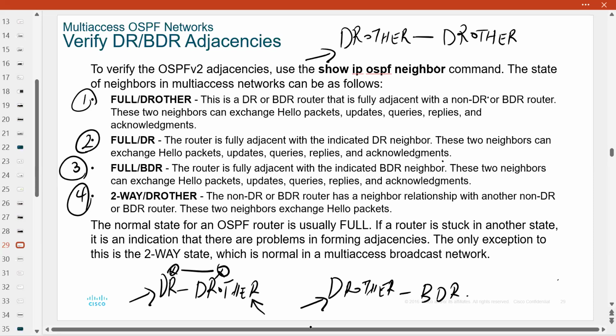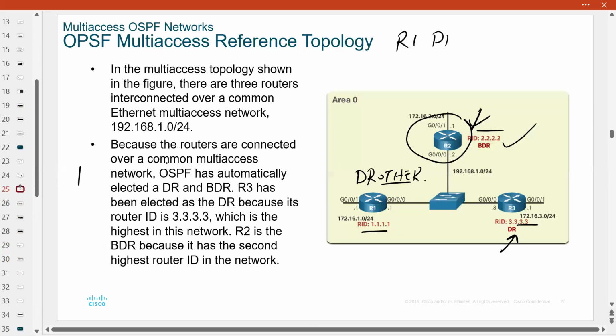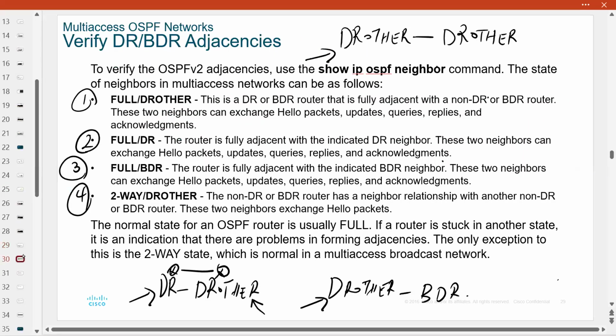In practice, I think it's easier explaining in practice. We'll do that. From our reference, we are showing the IP OSPF neighbor from ARA2. What is ARA2? I think ARA2 was our BDR. Our reference here, ARA2 was our BDR. Okay, let's see what it shows.